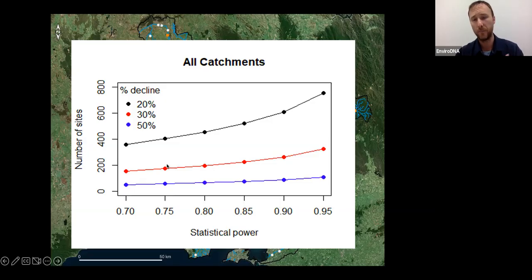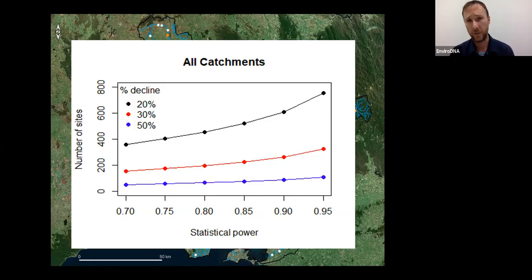And obviously the more confidence that you require, and the lower the level of change, the more sites you'll need. For that current survey level, we're at about 330. So we can pretty much detect a 20% change with 70% confidence. But if we want to get up to that magical 95%, we're going to need a lot more survey locations.